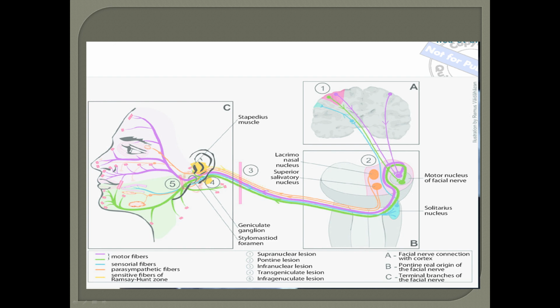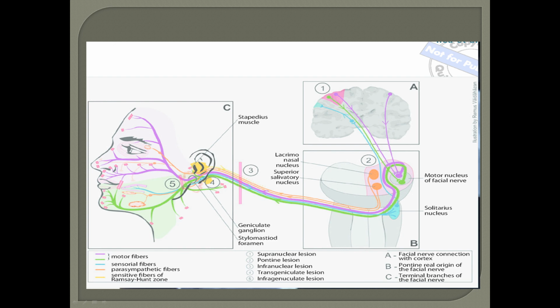After originating, it turns around the sixth cranial nerve, exits to the cerebellopontine angle, enters the temporal bone, and exits through the stylomastoid foramen, and innervates the muscles of facial expression, as well as the posterior belly of digastric and the stapedial muscle in the temporal part.